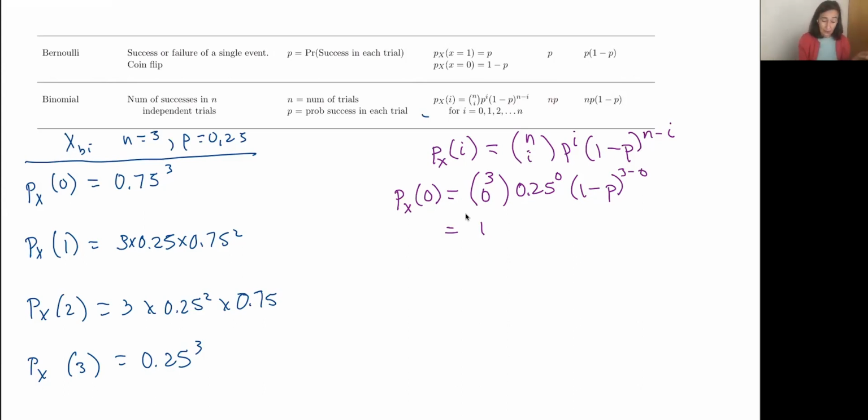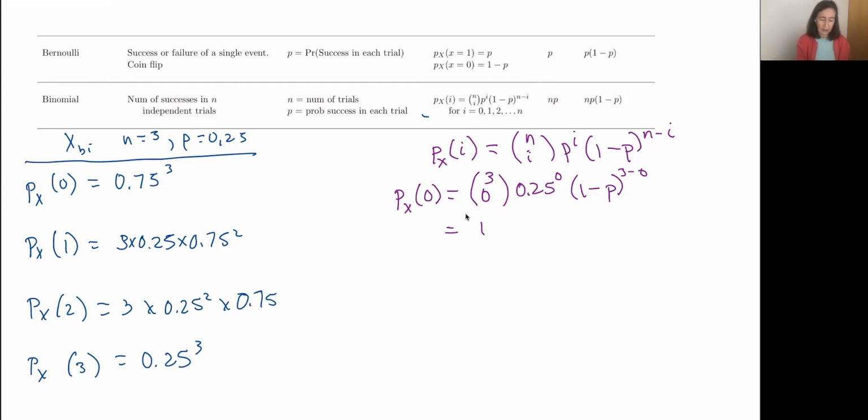You can also evaluate any of these binomial coefficients with calculators. Some calculators will have buttons for it. You can type 3 choose 0 into Google, and Google has a calculator that will tell you that. You can also expand this into 3 factorial over 3 factorial times 0 factorial and work that out. However it is, this will be 1.